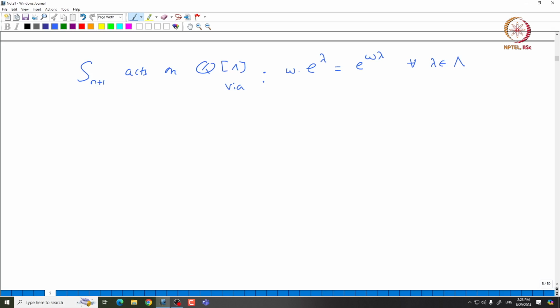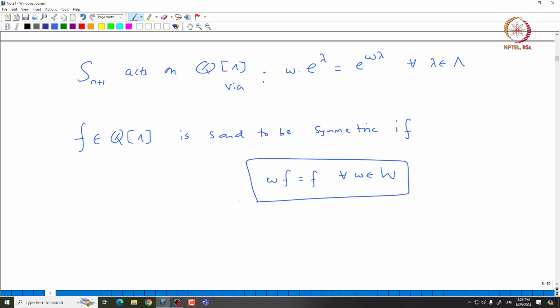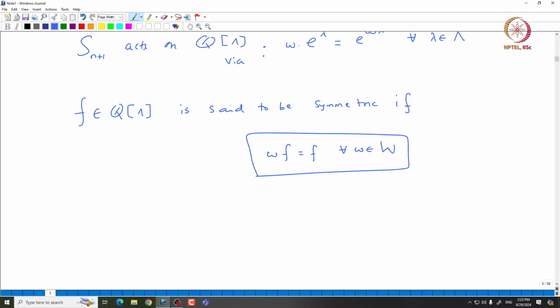Now, if you take some element f inside Q bracket lambda, it is said to be symmetric if it is invariant under the action of this Weyl group. That means W f should be f for all W in W. So, this is the meaning of f being symmetric. And of course, what is anti-symmetric or skew symmetric? Whenever you apply W, you get the sign outside. So, that is called anti-symmetric.